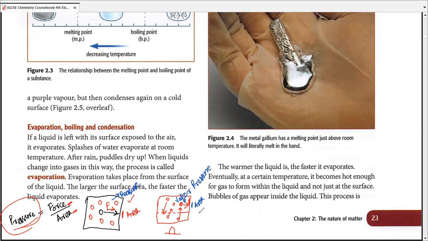Yes, sir. Now, outside this container, there would be some air, and there would be particles of gas in the air. As you already know, the air is filled with nitrogen, oxygen, and many other gases. And those particles may also collide at the same area, putting some pressure over it, right?